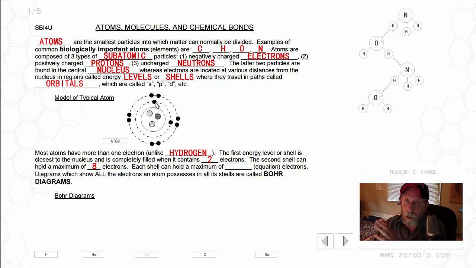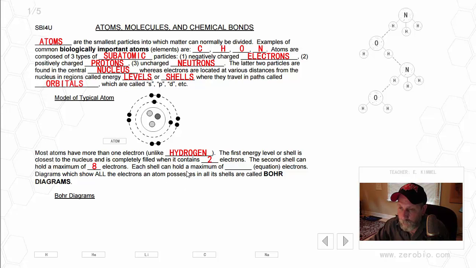I often use the analogy of a car or a van. The front seat, which is the first shell, can hold 2 people, the driver and a passenger. And then you go backwards. The second part of the car has a big long seat, let's say, and you can put a bunch of them, and then you keep going back and filling them up further and further. So 2 electrons in the first shell, 8 electrons in the next shell. How many in the next shell?